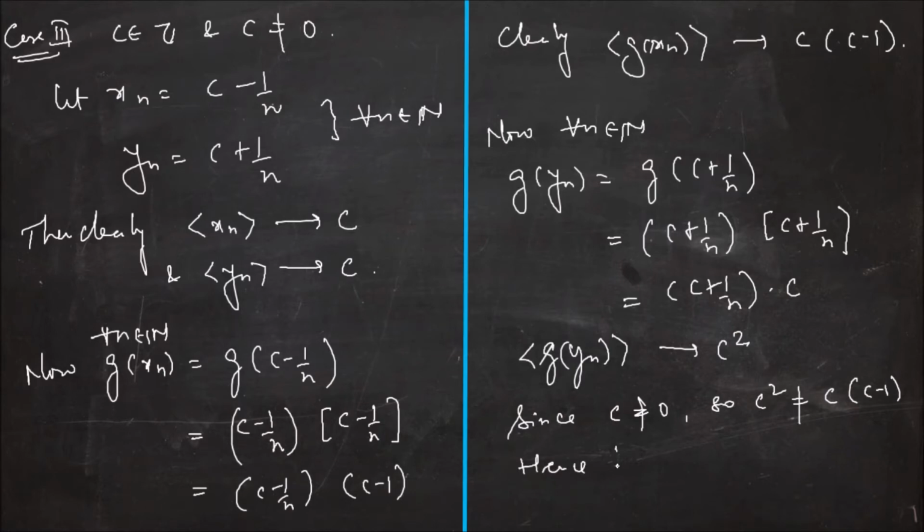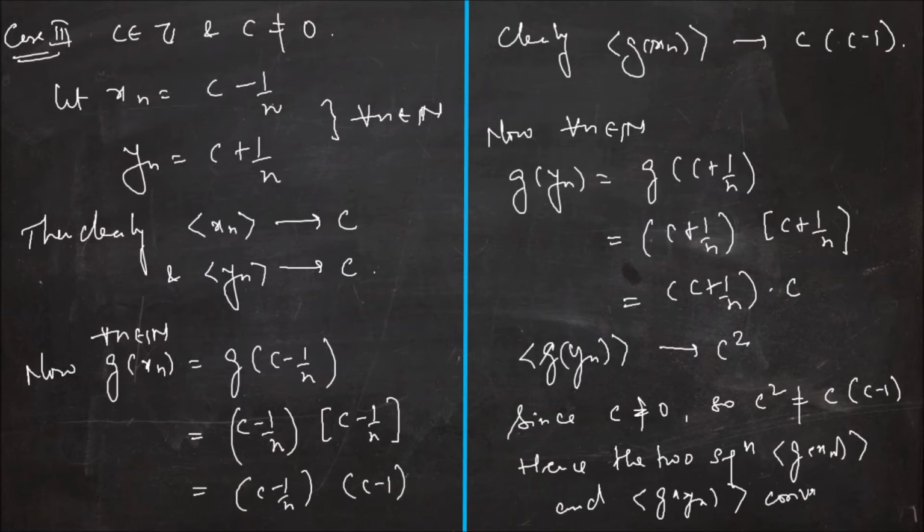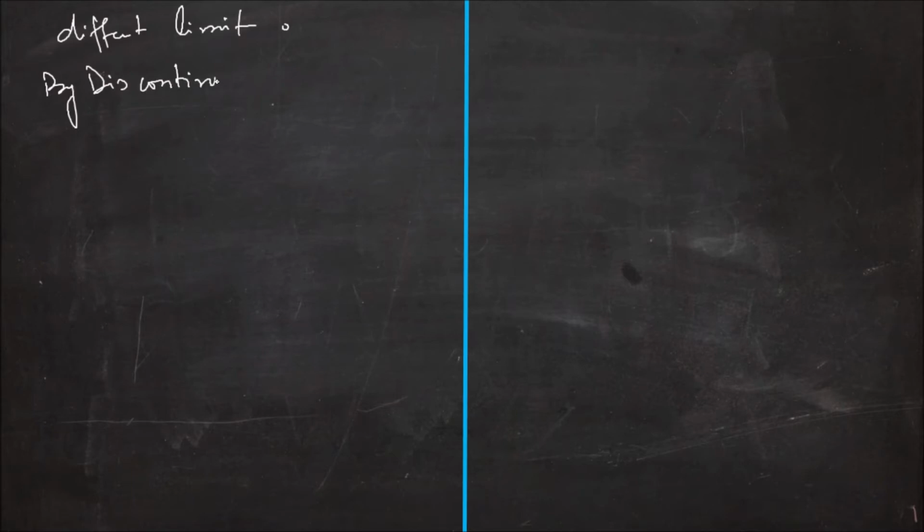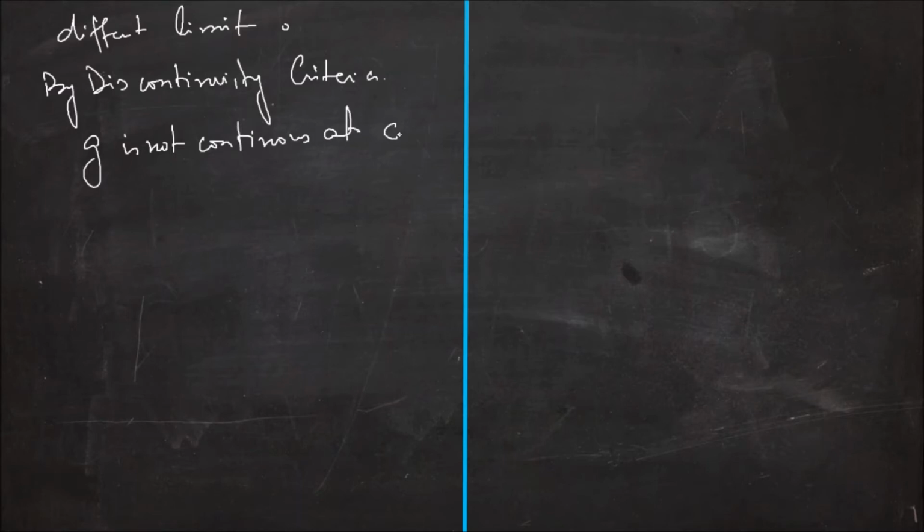Hence the two sequences gxn and gyn converge to different limits. So by the discontinuity criteria, g is not continuous at c.